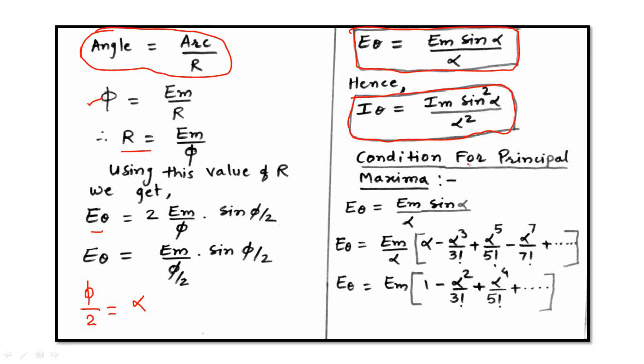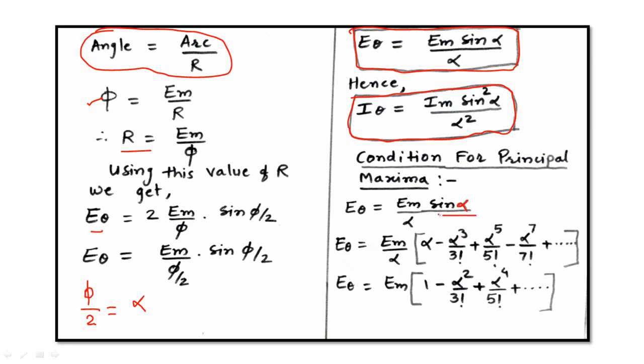Now let us discuss the condition for principal maxima, minima and secondary maxima. So for the condition for principal maxima, we know that E theta is equal to Em into sine alpha upon alpha.